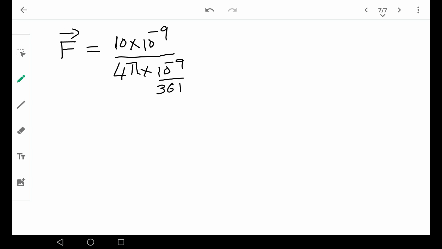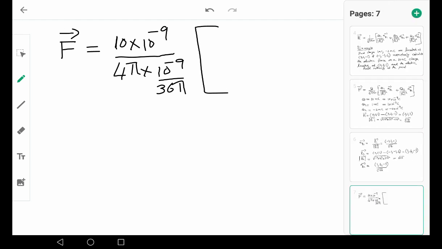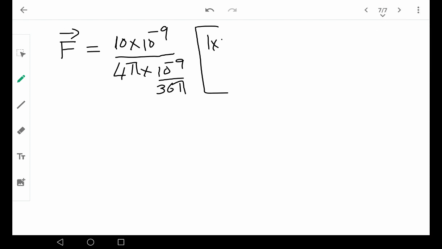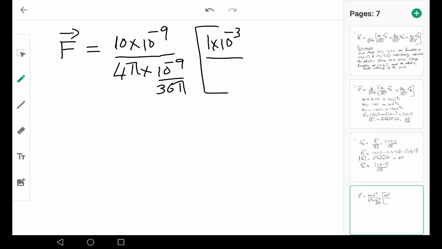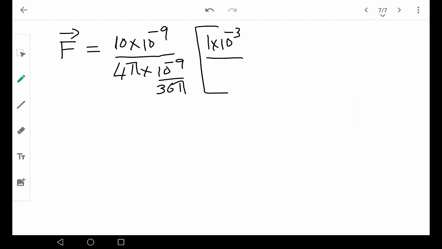That's epsilon, isn't it? Then you multiply the whole thing with Q1. What is Q1? Q1 is 1 into 10 raised to minus 3, divided by R1 square, which is 14.